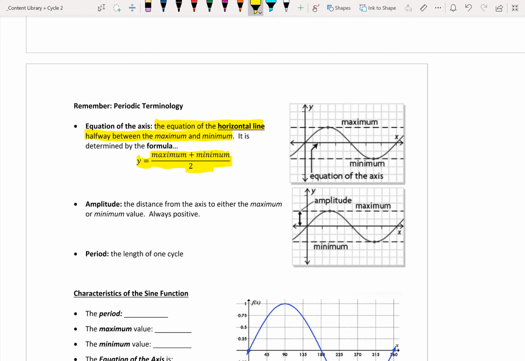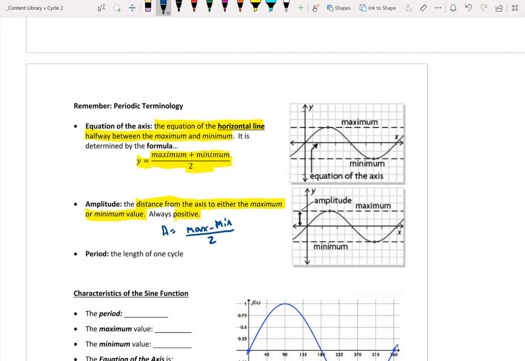The amplitude is the distance from the axis that we just talked about to either the maximum or the minimum value, and it's always positive. The equation for that is that the amplitude is equal to the max minus the min divided by 2.